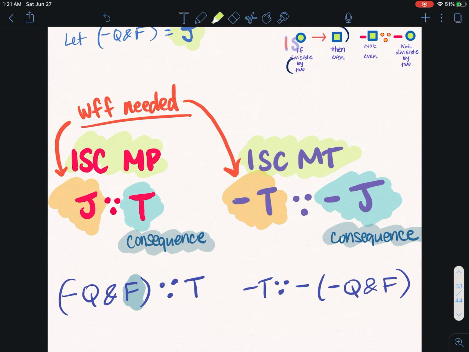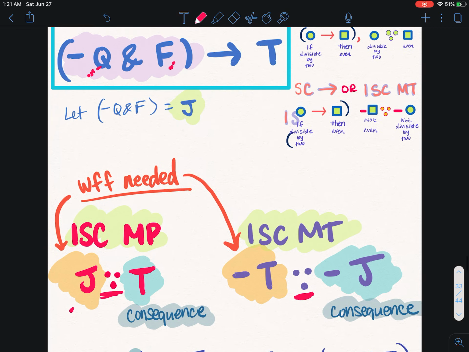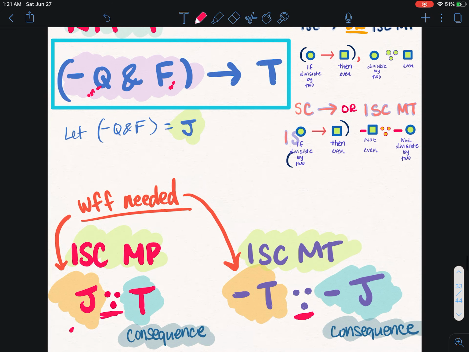Do you see this little something, therefore something? We don't have any other clues. The only clues we have are these.